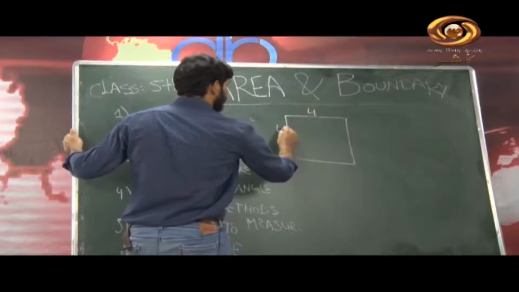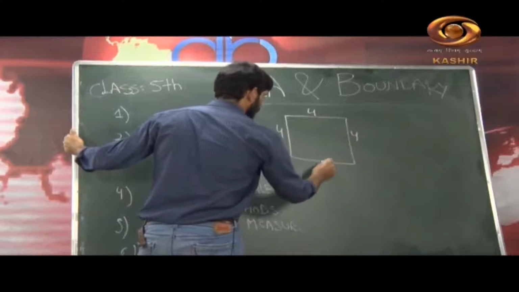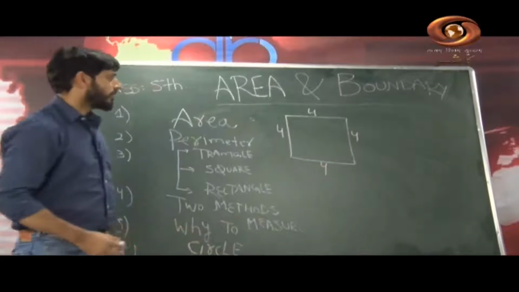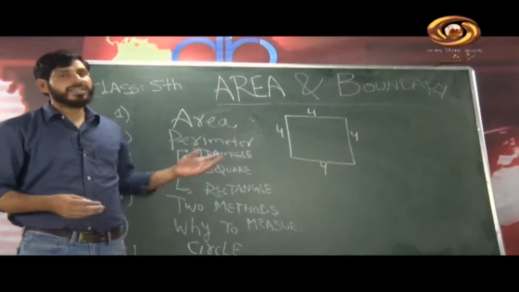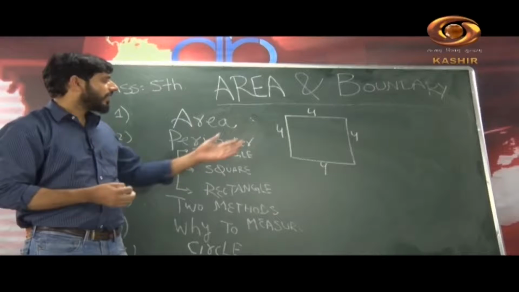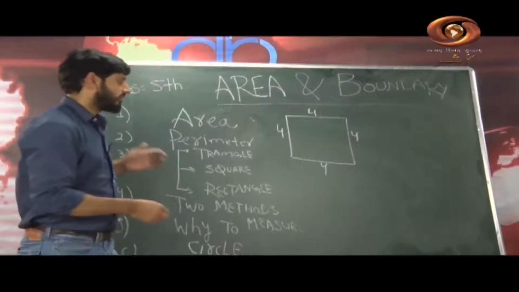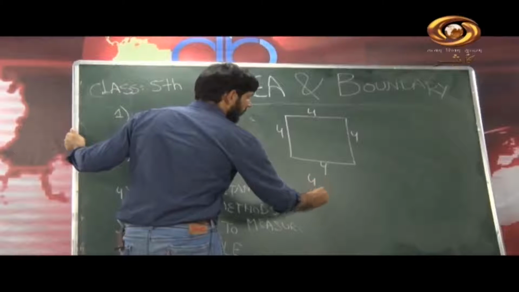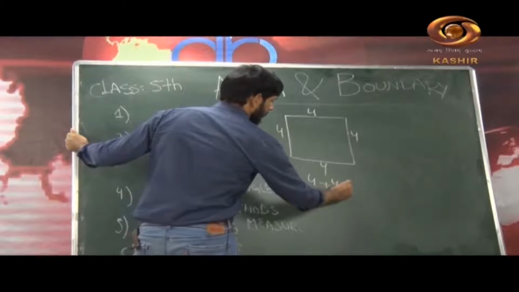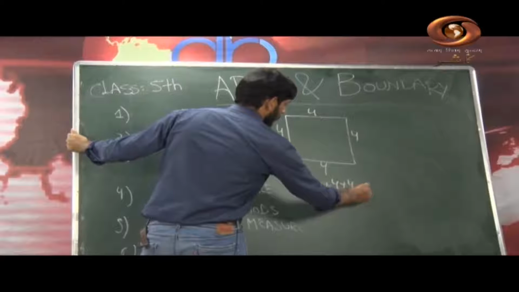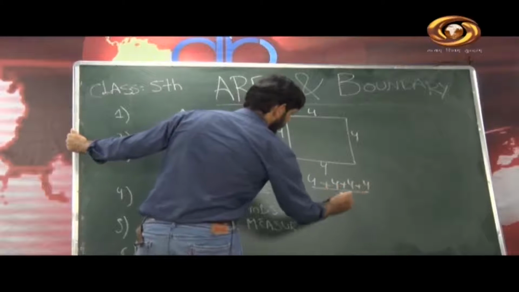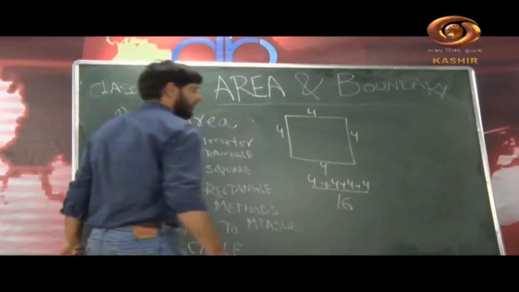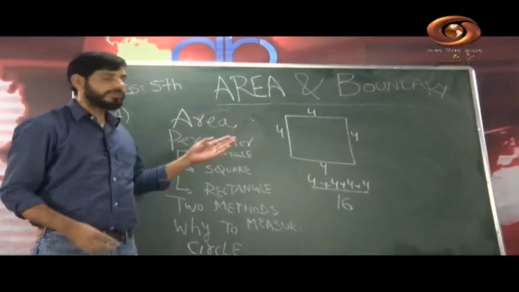Suppose it is 4, it will be 4 from here, 4 from here, 4 from here. Okay. So calculating its perimeter will be like adding all the boundaries, that is 4 plus 4 plus 4 plus 4, which is equal to 16. We are talking about the perimeter of the square right now.